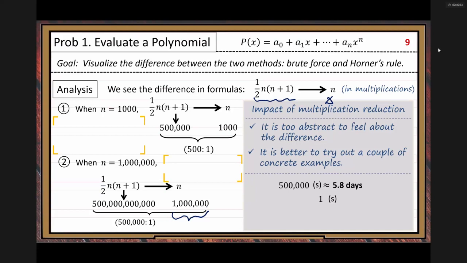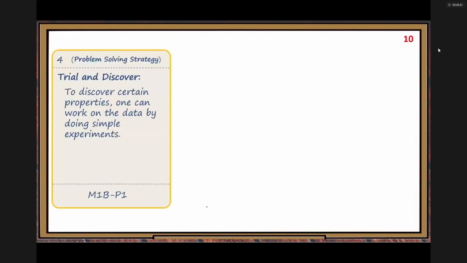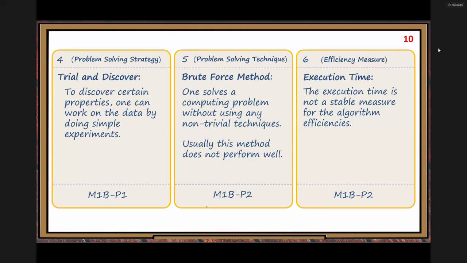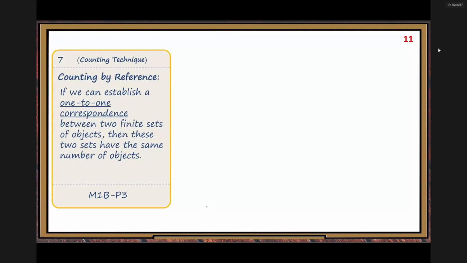In this part, I also made several flashcards. Here I show you a few flashcards. Because we have much more material than part A. Part A, we only have 3 flashcards, right?